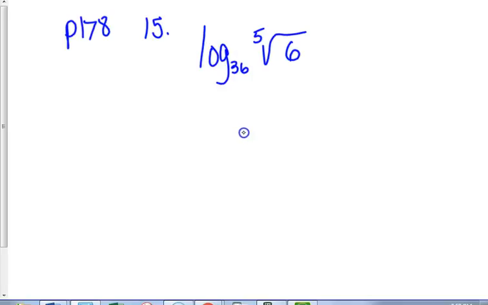Somebody help him out? Okay, so this is just rearranging it. Then Basma said we should probably rewrite this as 6 to the 1/5 power. You okay with that? Like a cubed root is 1/3 power?